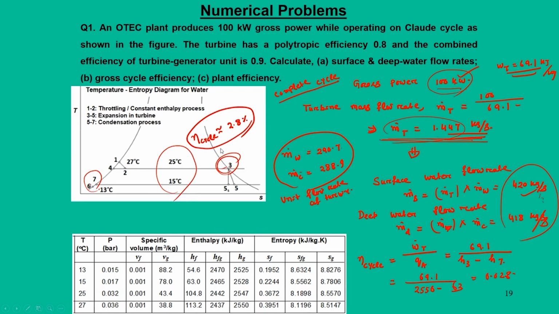So, this clearly indicates that OTEC plants have very low efficiency and involve very high infrastructure. So, this is all to give a glimpse of an OTEC plant and its cycle analysis. With this I conclude this lecture. Thank you for your attention.